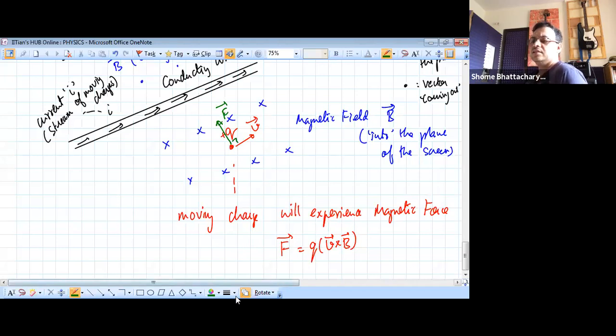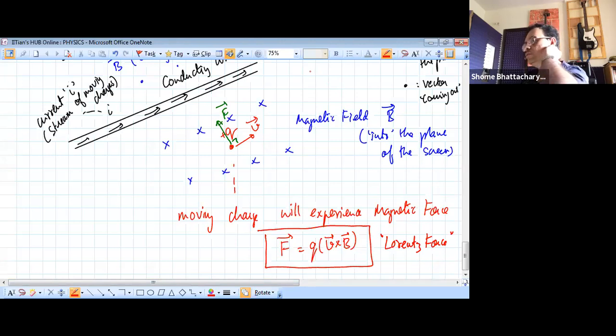Neutral points are slightly different, but I think when we come to magnetism, I'll explain to you in detail what they are. So this kind of force, this expression, is called the Lorentz force, just like that one was called the Coulombic force. Maxwell's theory, Piyush, is a broader thing, but these are elements of Maxwell's theory of electromagnetism.